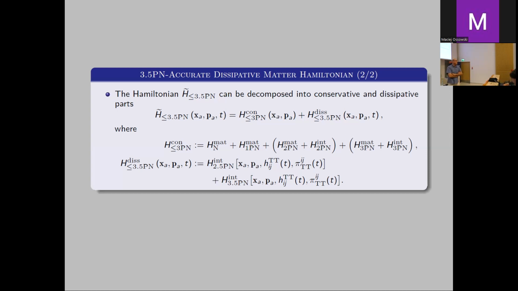Yes, but you observe h_TT, not the luminosity. This is a completely different story. From luminosity to h_TT, there is some route to be covered. You observe h_TT, not the luminosity. Thank you.